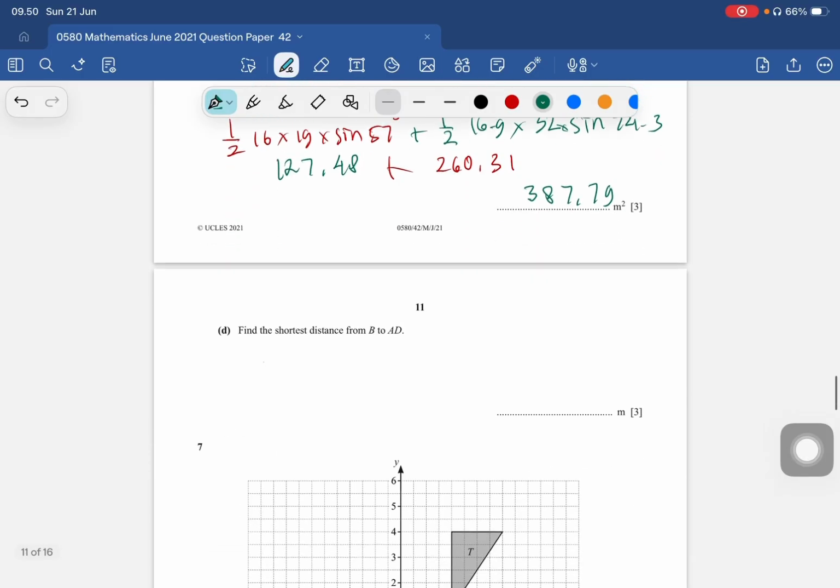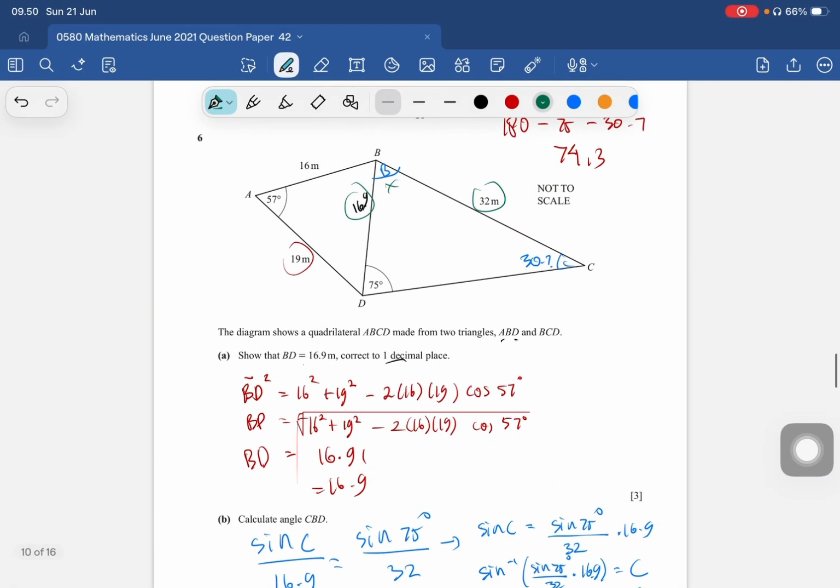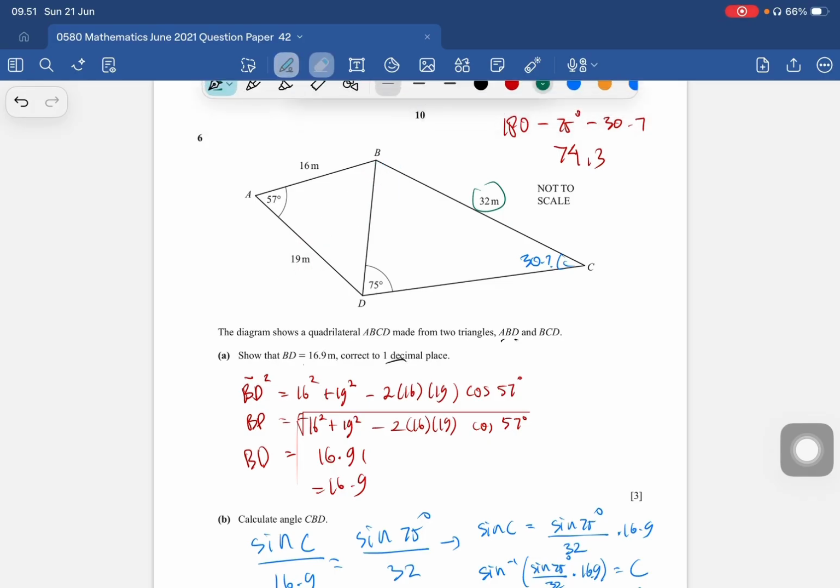Okay, D. Find the shortest distance from B to AD. So where is B? Okay, here it is, B to AD. So we need to find this, the shortest one. Let's see, A, D here, B to AD, the shortest one.